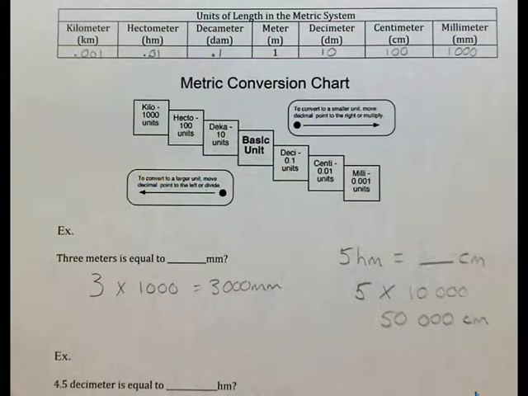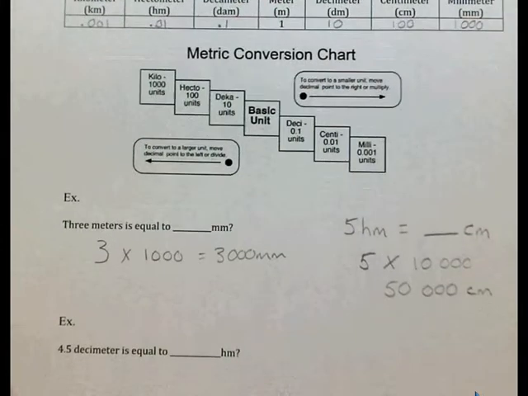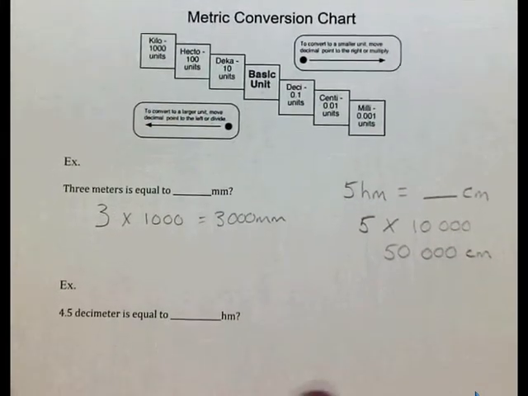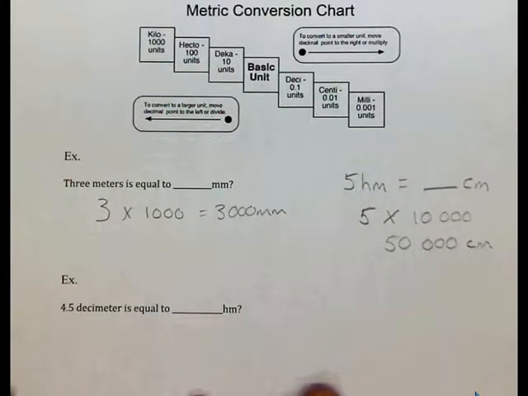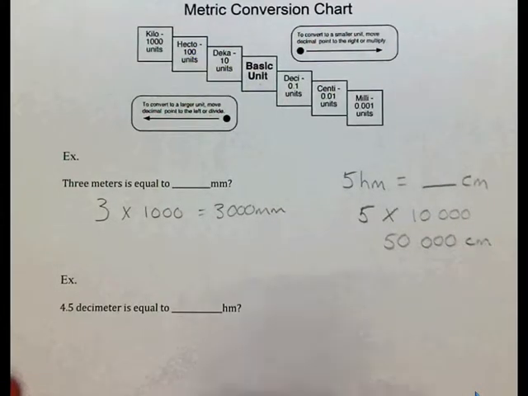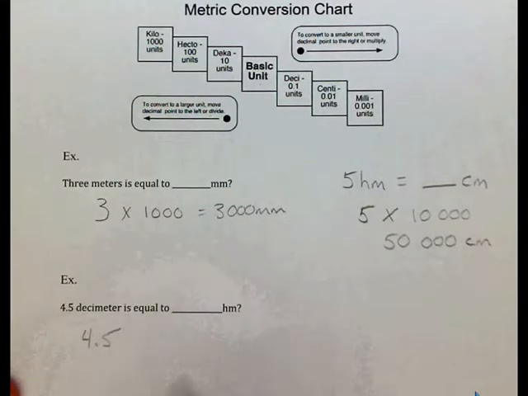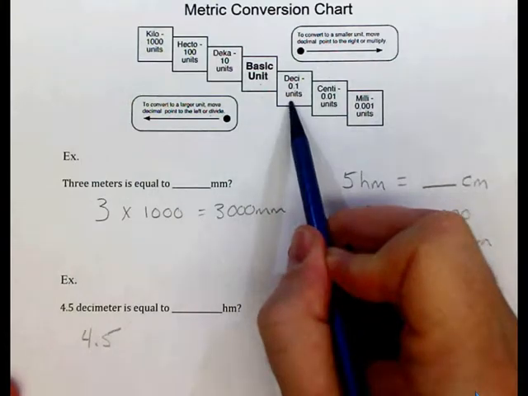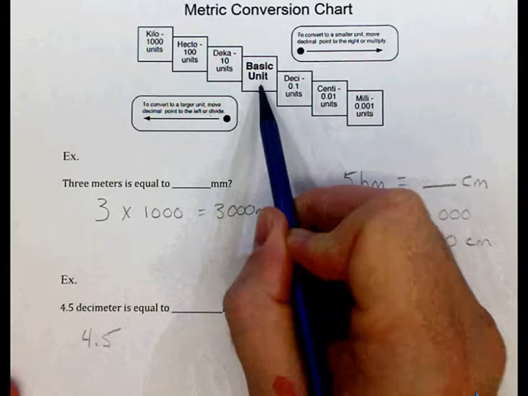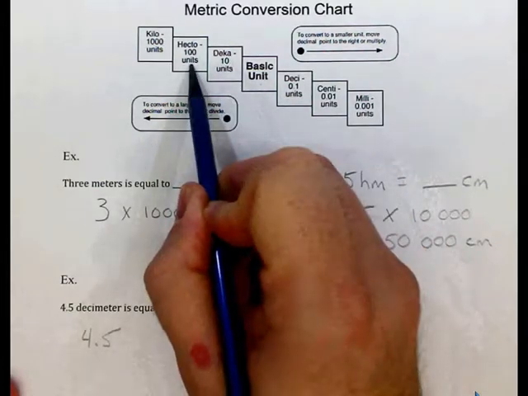Let's try some going the opposite way. And we'll use the second chart. We have 4.5 decimeters. So again, we start with the number of decimeters, 4.5. We find decimeter on our chart. We want to end up in the hectometer. So we're moving up the stairs to our left.